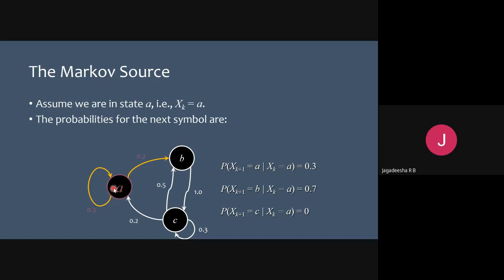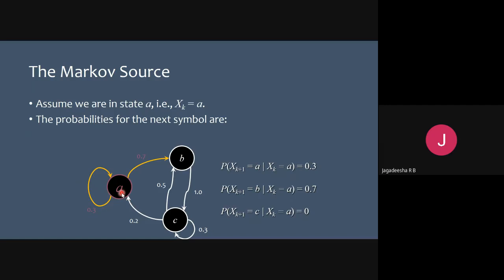Okay, from the current state A to the next state C, what's the transition probability? That is mentioned here. Current state is A, the next state is C, and such a transition probability is equal to 0.